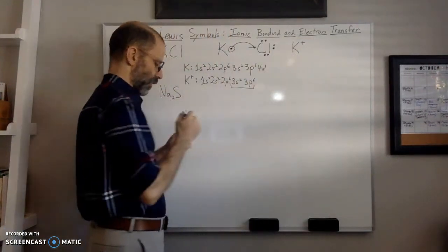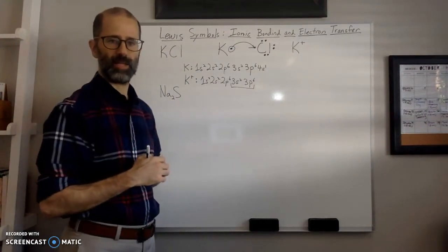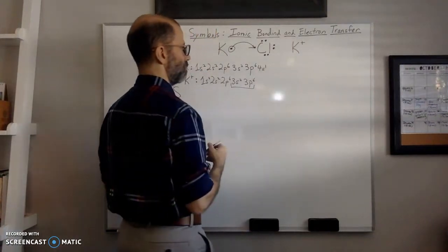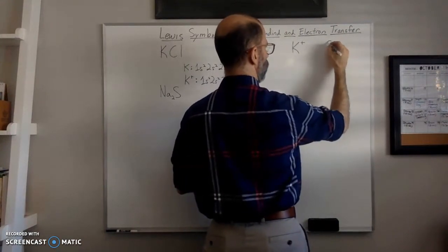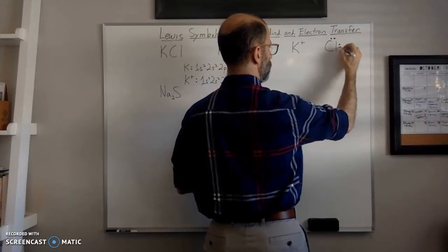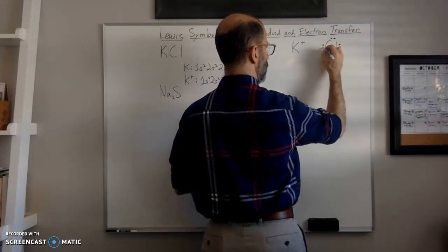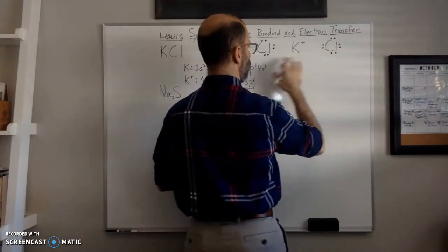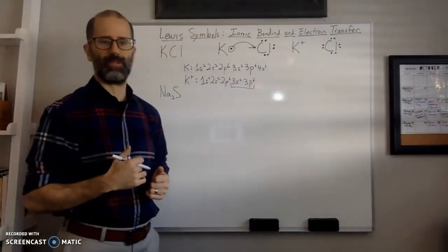That would be the Lewis symbol for the ion K plus. We don't have any dots around it. And then chlorine now will have a full octet, with a pair of electrons on each side of the symbol. And now that it has an extra electron, it's going to have a negative charge.